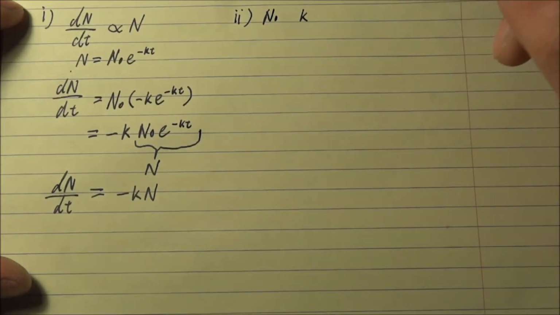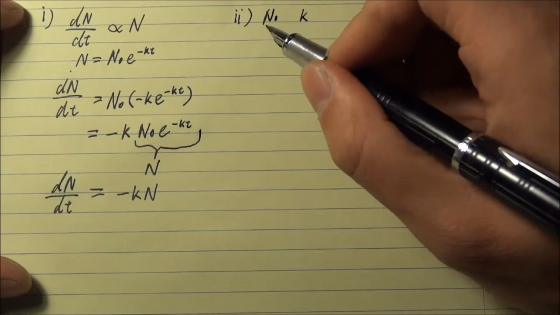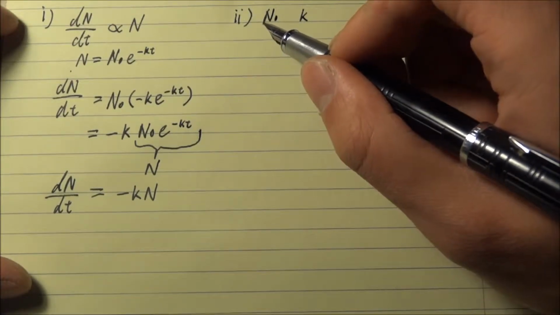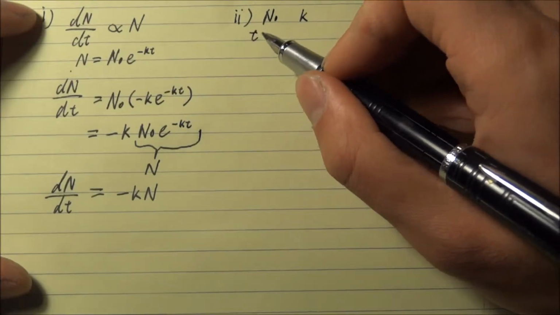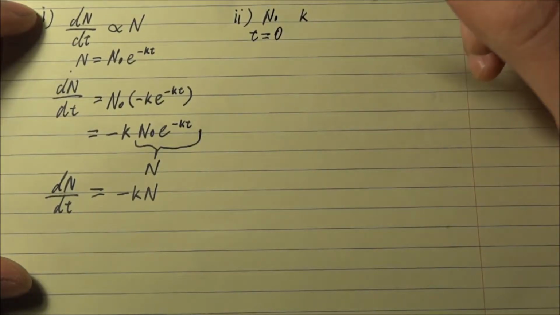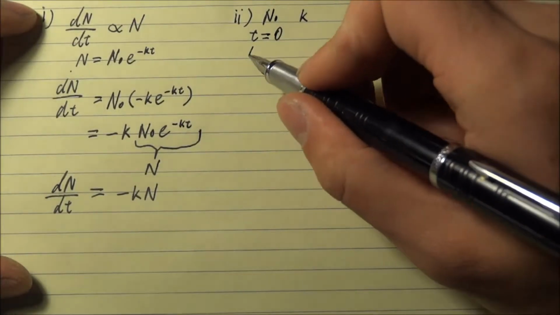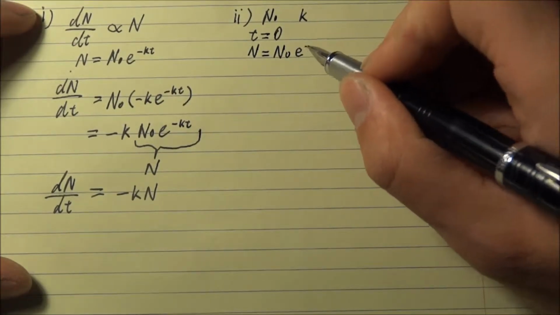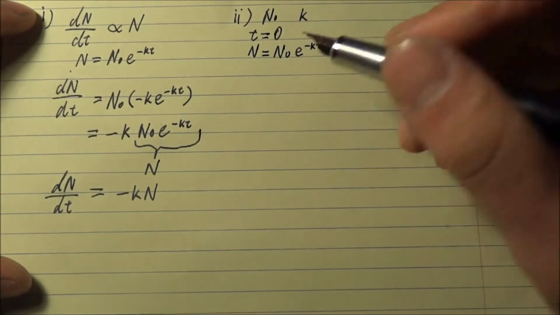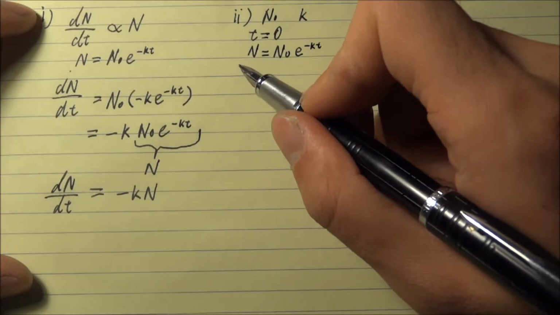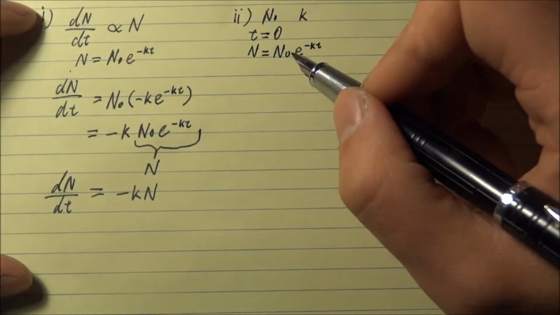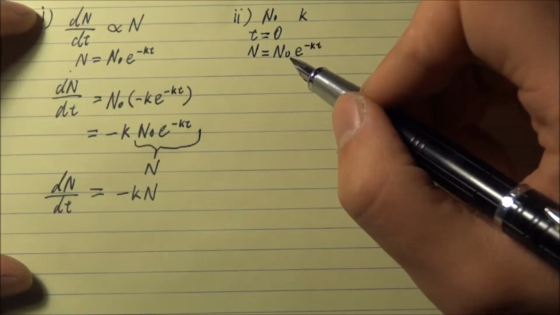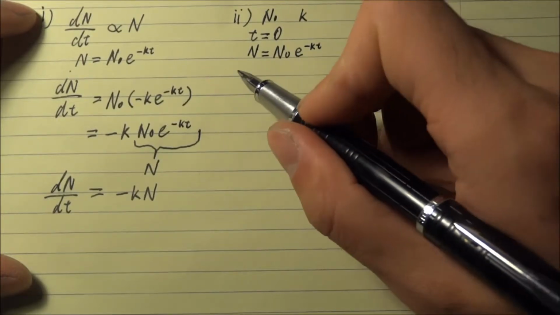Part 2 asks for the value of N naught and the value of k. Firstly, N naught is quite straightforward. N naught is the initial population, which happens when t equals 0. So we just substitute 0 back into the original equation, N equals N naught e to the power of minus kt. And N, notice in the question, says the size of the population is 2000.